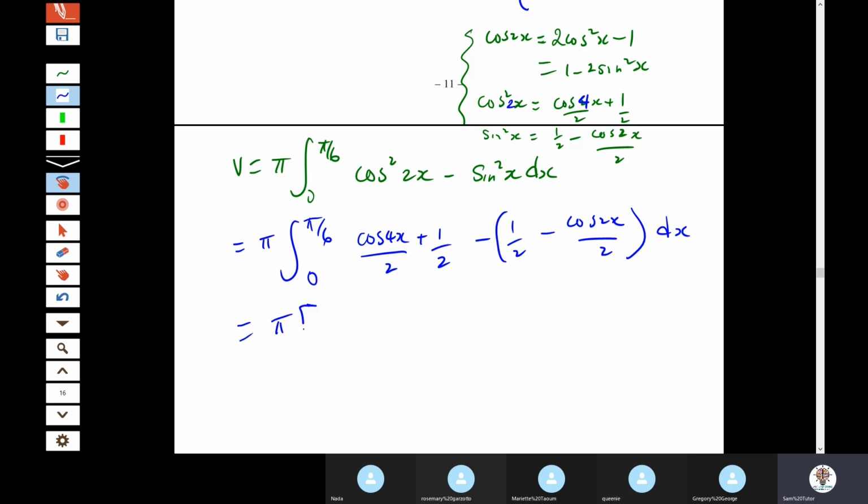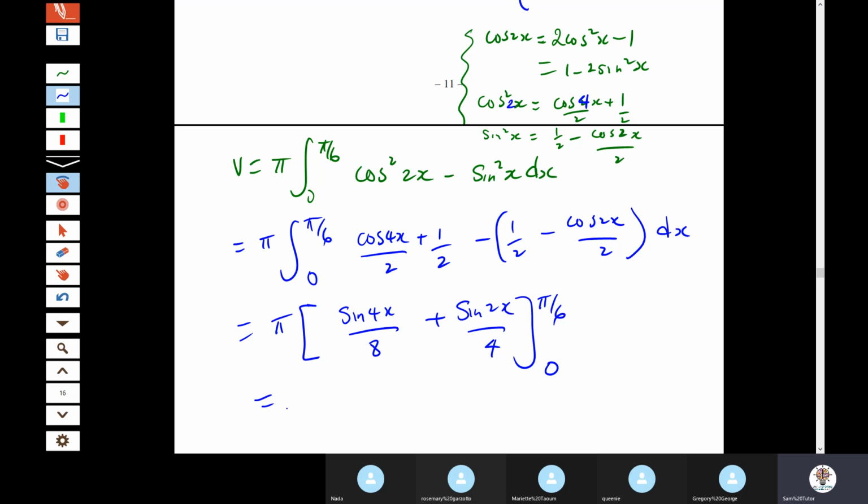Pi, we're going to integrate. What's the integral of cos? That's actually positive sine 4x on 8, half and half will cancel out, plus sine 2x on 4. Negative cos, yeah, but I've got a negative in front of it, right? 2 negatives already made it a positive.